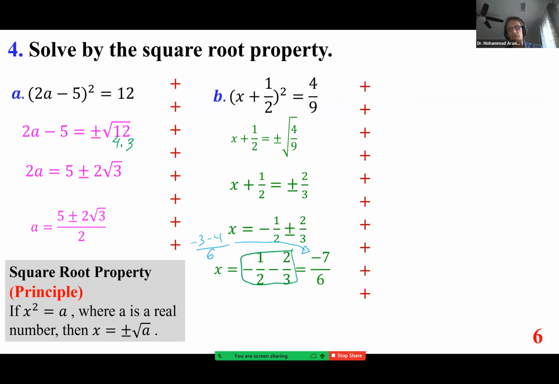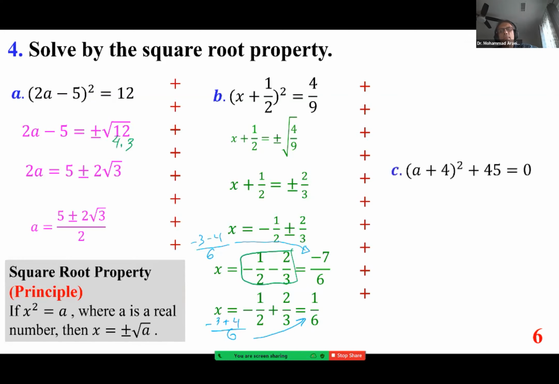We get negative 7 over 6. And in this case it is negative 3 plus 4 over 6, which is 1 over 6. So we can combine them, we must.